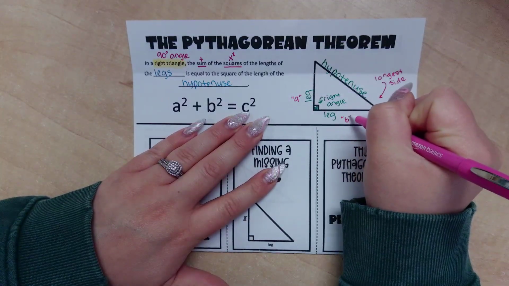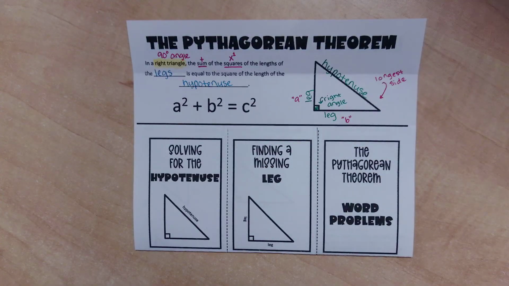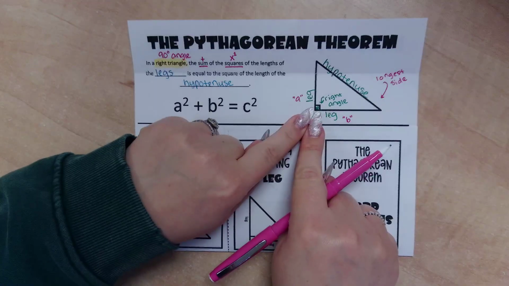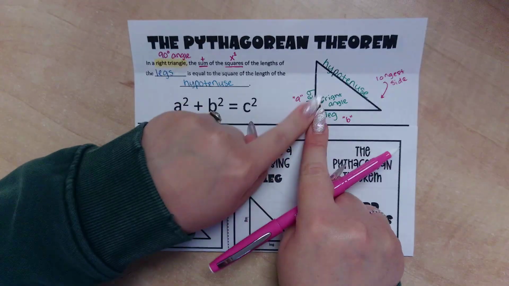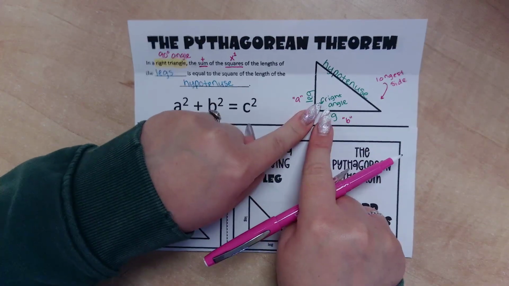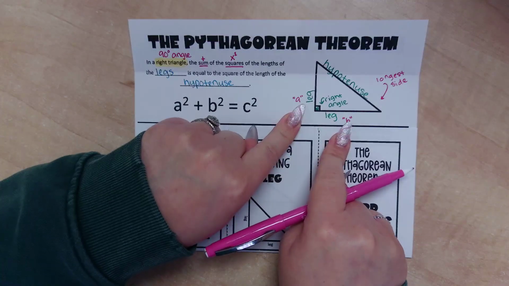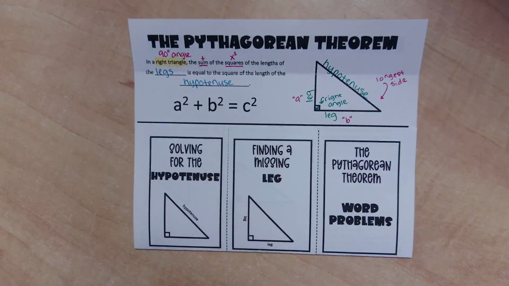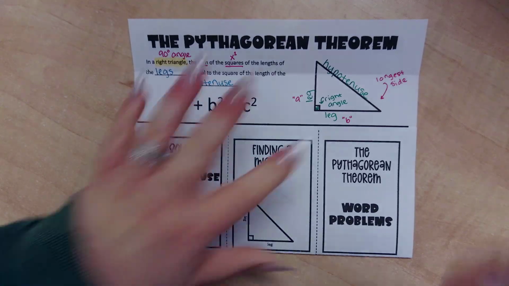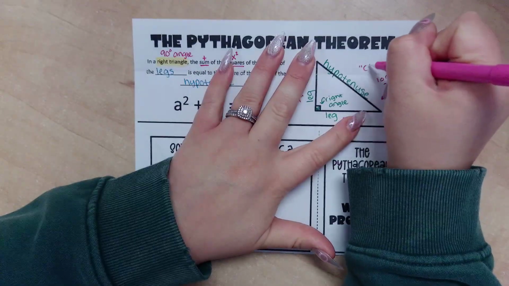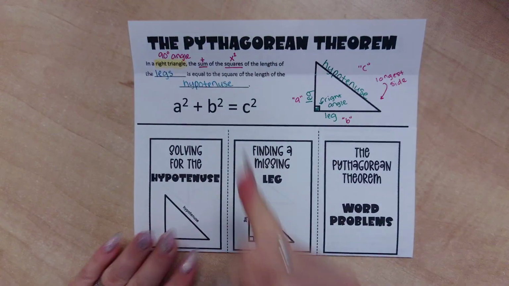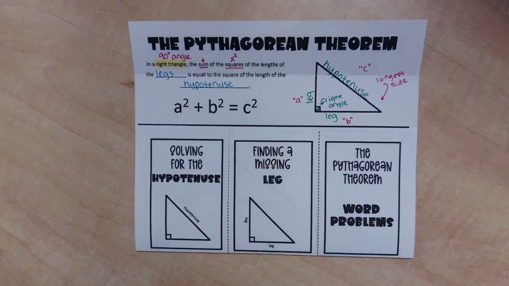Now, due to that commutative property, it does not matter which one you call a and b as long as you call the sides adjacent to your right angle, your legs, you're good. It doesn't matter if I call this one B or this one A or vice versa as I have it written. But the one that will always have to be your C is your hypotenuse. The hypotenuse is always C. Notice because it's over here on the other side of the equal sign by itself. Therefore, that is your hypotenuse, your longest side.